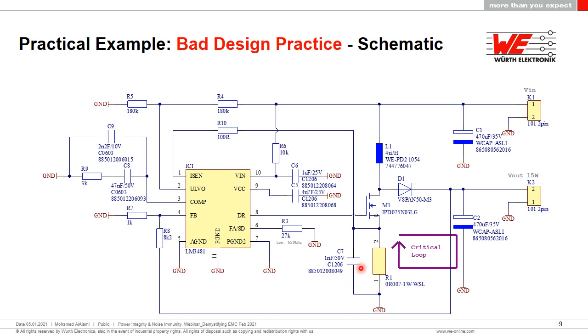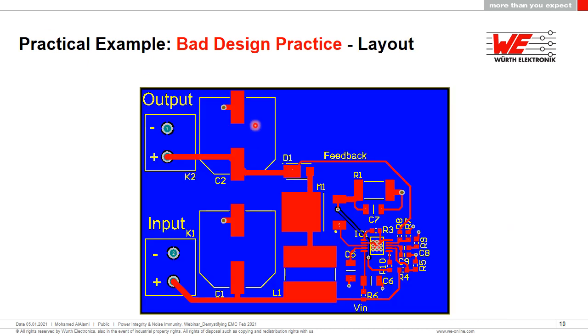Further aspects of the bad design practice will become clear on the following slides when we start looking in a bit more detail at the layout and tracking. So here we go. There is the layout and the tracking.